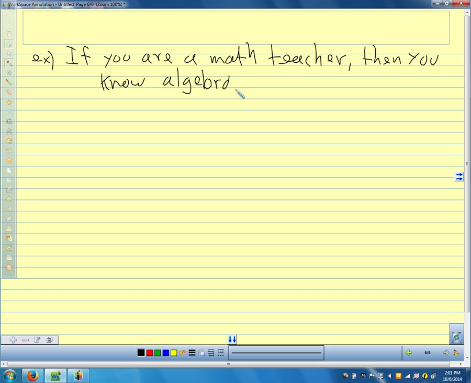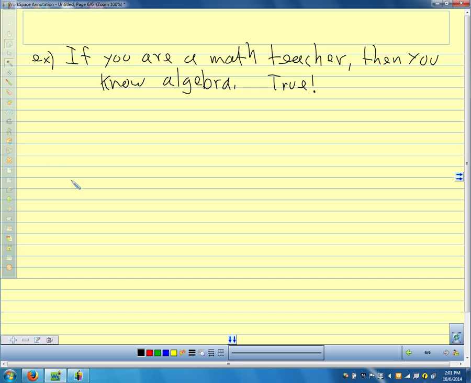All right. Would we say this conditional statement is true? Yeah. If you're a math teacher, you have to take a big, long test, and a good part of it is algebra. So you have to know algebra to be a math teacher. So we're going to say this conditional statement is true.